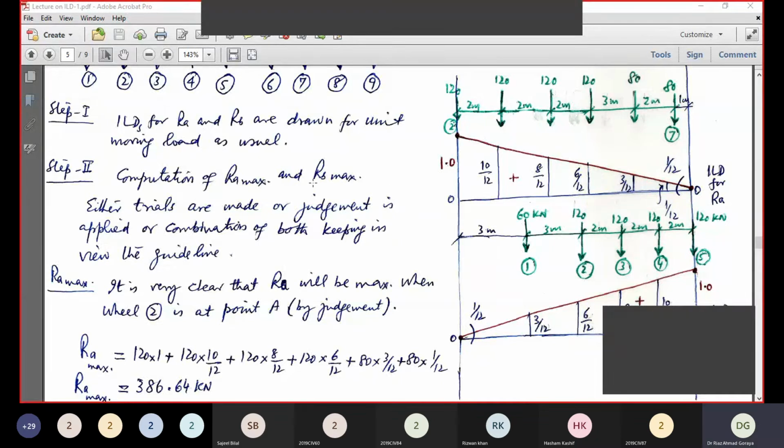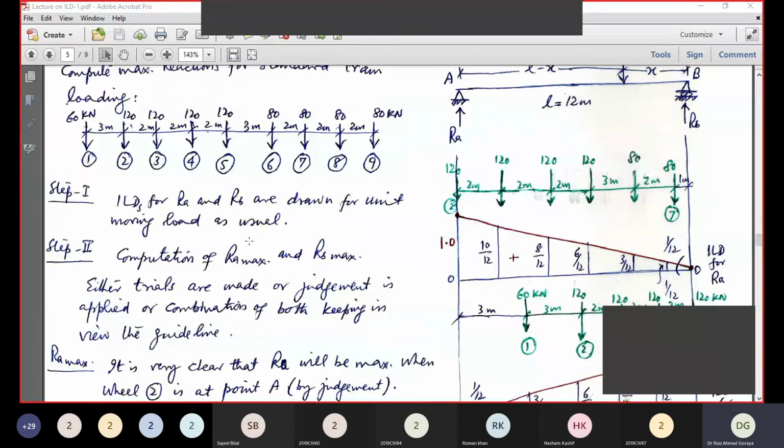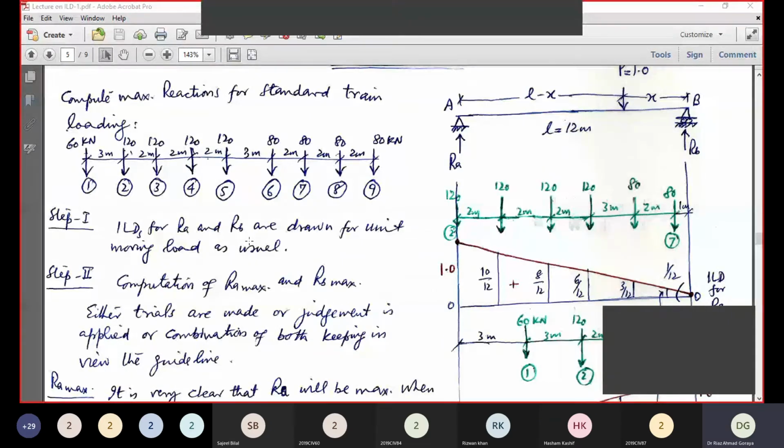Now step 2, computation of RA max and RB max. Either trials are made or judgment is applied or a combination of both, keeping in view the guidelines. Now this requires a lot of thinking. The train's total span is 18 meter.